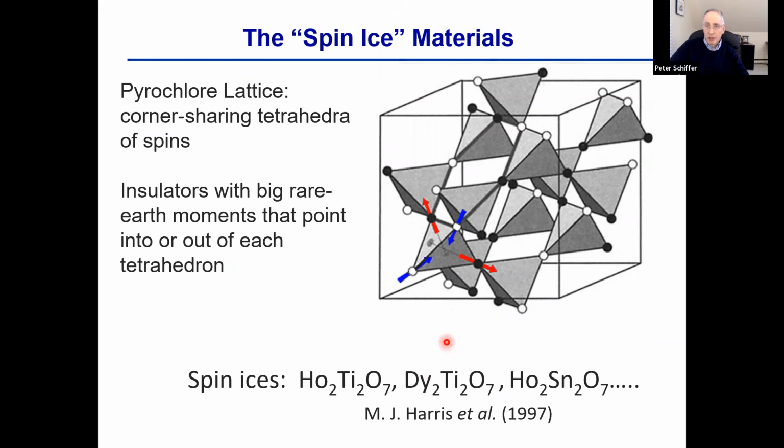And spin ice materials that were the proximate inspiration for artificial spin ice are pyrochlores, and they have big rare earth spins on a lattice of corner-sharing tetrahedra, like I've drawn here. And the rare earth spins are things like holmium or dysprosium, and because of the crystal field levels, the moments point either directly in or directly out of each tetrahedron.